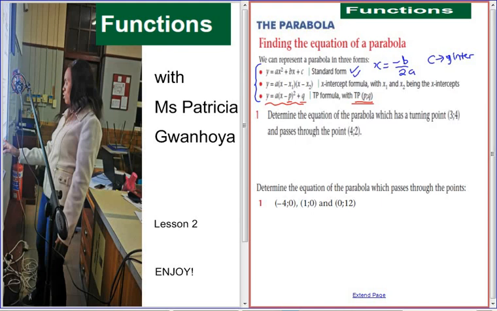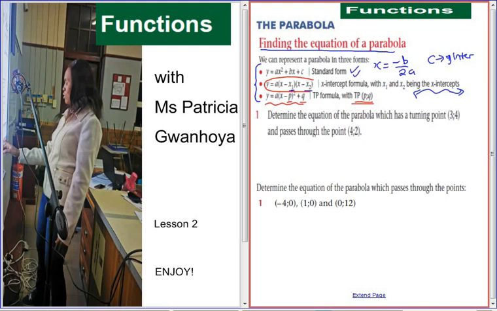This one is the new one that we are seeing for the first time in this video, the one where you actually have x-intercepts in there. Notice there is x1 and x2 written there. Please, they represent the x-intercepts. So in this particular video, we'll be finding the equation of the parabola. The parabola will be given, and then we will have to find the equation thereof.